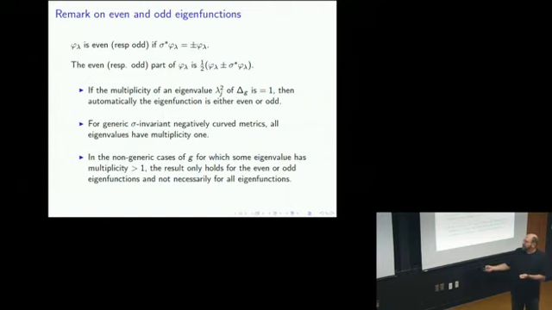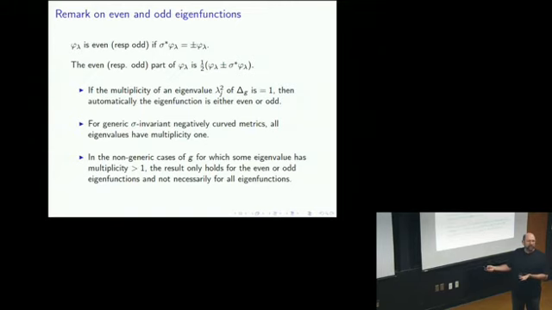Now, it's not hard to prove. It's a very old and standard result in spectral geometry that, in the sense of Baire category, if you take a generic invariant metric, then every eigenvalue has multiplicity 1. So for a generic case, all the eigenfunctions are either even or odd.